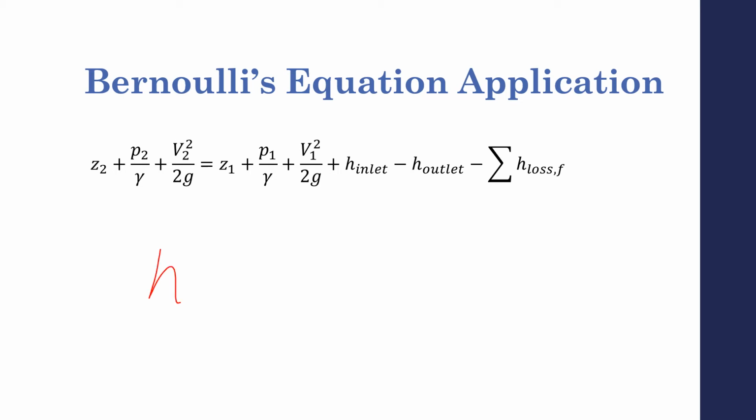So the head in will equal the head out plus any head loss. Considering that there's little to no friction within the system, there should be a low amount of head loss. So in theory, the head in and the head out should equal one another.